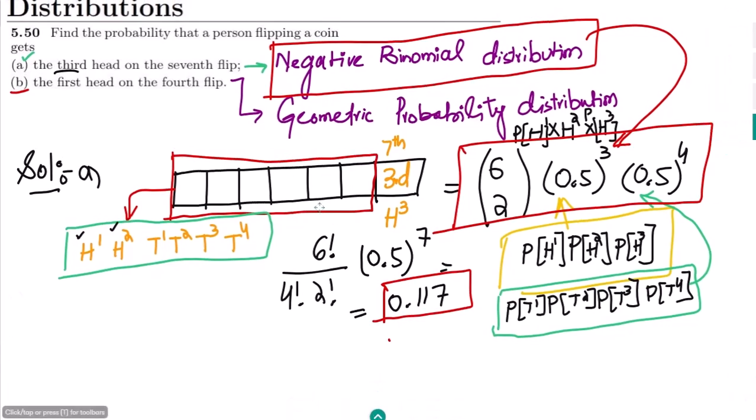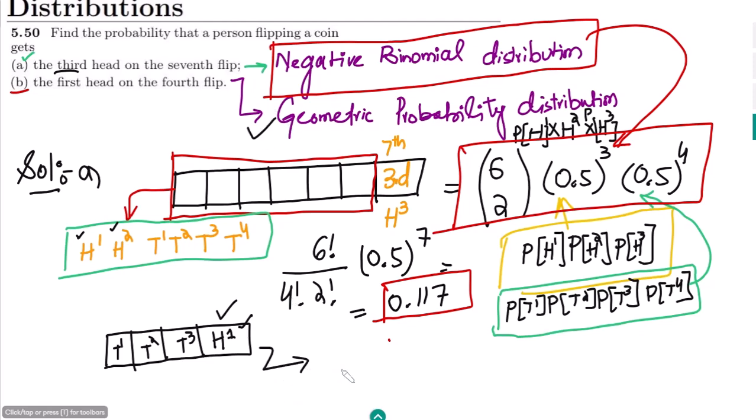The first head on the fourth flip means we will have 4 slots, and in these 4 slots we get the first head at the end, while all the others will be tails, T1, T2, T3.